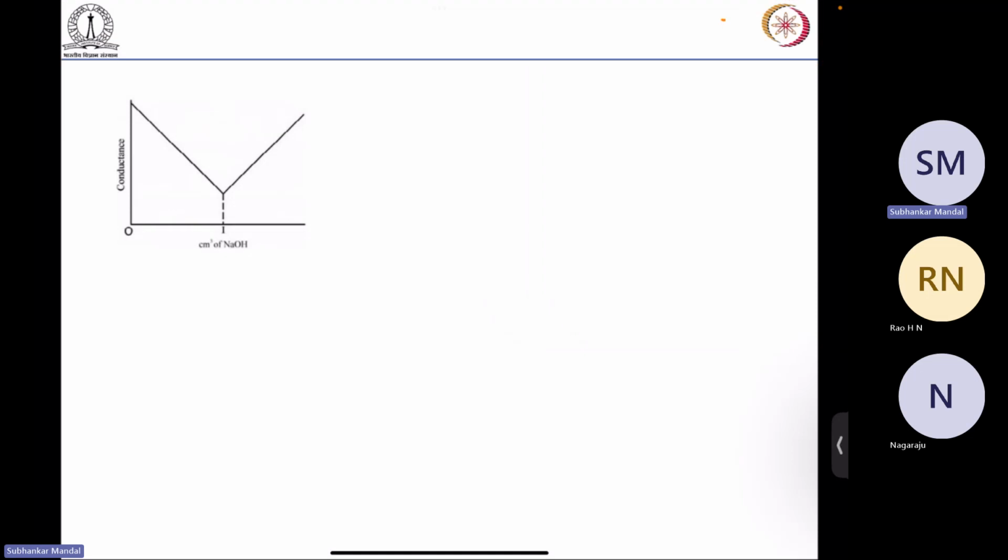Can anyone tell? So this is one type of example. Yeah, someone has written. Yeah, Rao has written strong acid strong base. Yeah, that is correct. This is strong acid versus strong base.